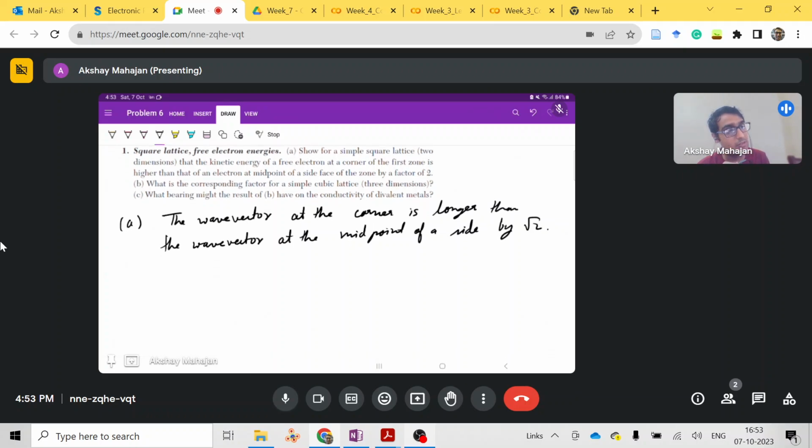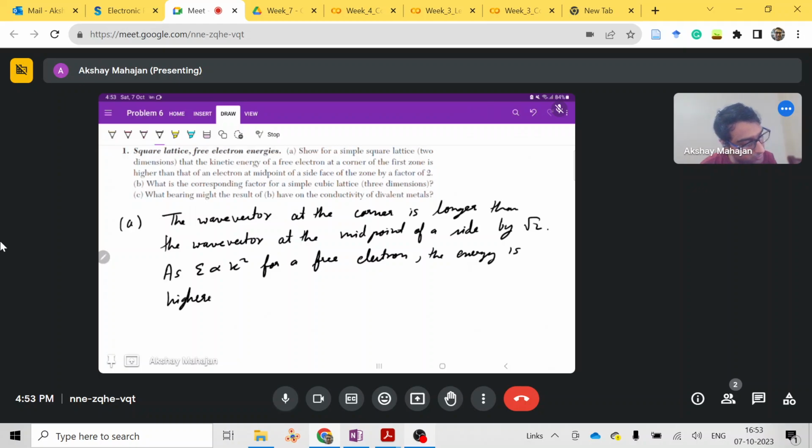At the midpoint of a side it will be smaller by root 2, and as energy is directly proportional to k square for a free electron, the energy is higher by root 2 whole square.